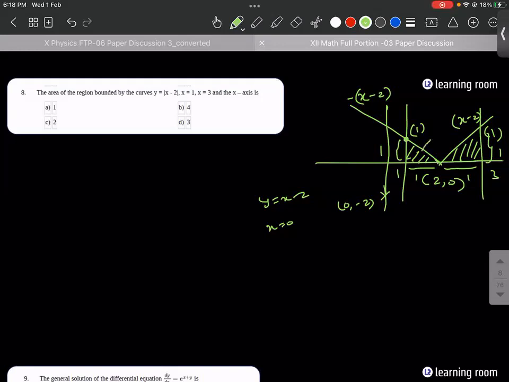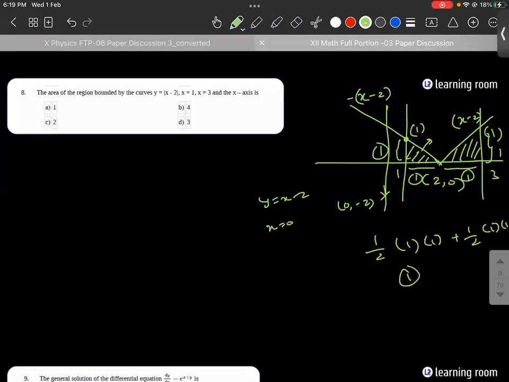Guys, what will be the area? I told you, in MCQ, you need not sit and do the integration part. Half into base is 1, height is 1, plus half into base is 1, height is 1. So how much will you get? 1 by 2 plus 1 by 2, which is 1, which is going to be this value.